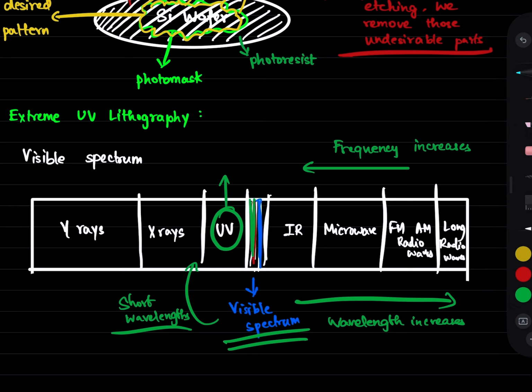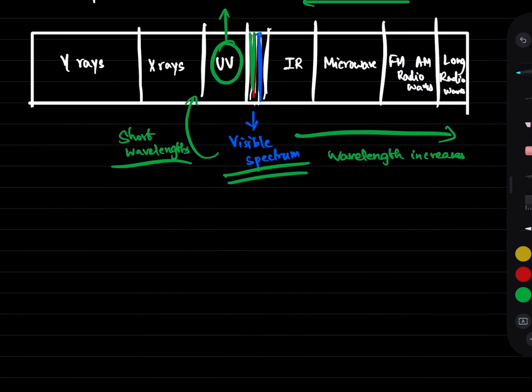So this is one type of advanced lithography technique. Another technique includes electron beam lithography, which means we use a very high intensity beam of electrons to design the intricate pattern on the substrate, on the silicon wafer.